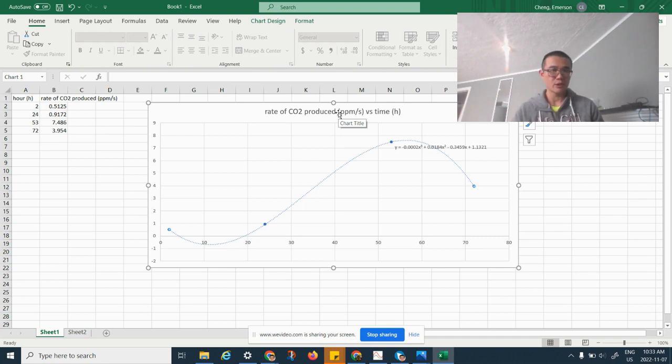So for the equipment I have, you can either measure how much CO2 is being made, because that's a product of cellular respiration, or O2 being used.